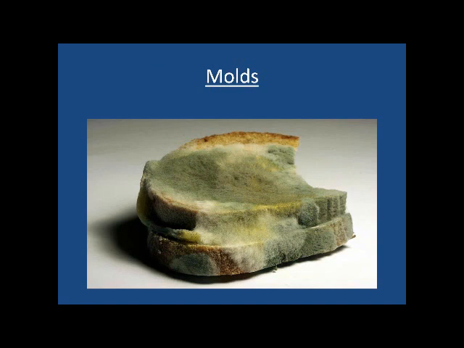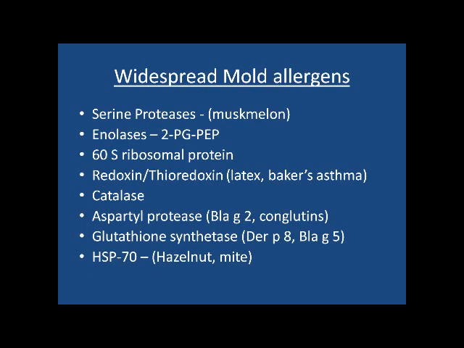But we should say a few things about molds. These are the major allergens from molds, but there's quite a few others that are identified as allergens, but not necessarily as prevalent. The serine proteases, the molds secrete these to digest things in the environment, proteins, so they can absorb the amino acids. But serine protease is also a major allergen of muskmelon.